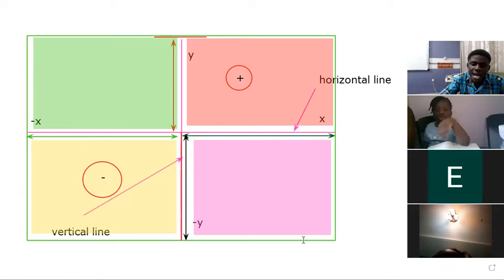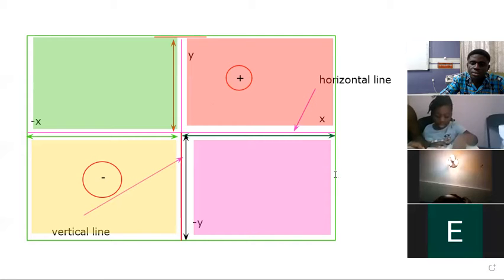This is the positive Y. Do you understand it? Yes. So why is this place negative? Who can now tell me?